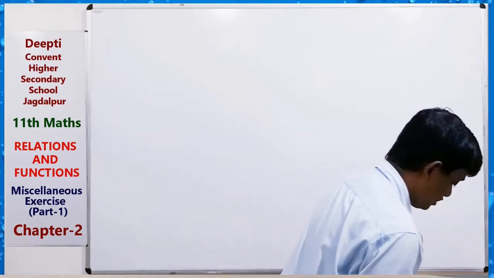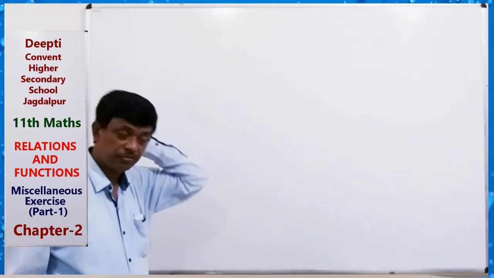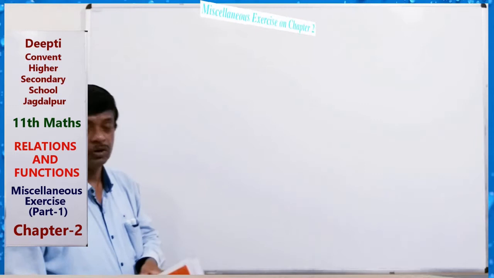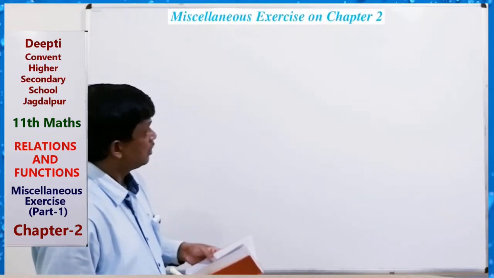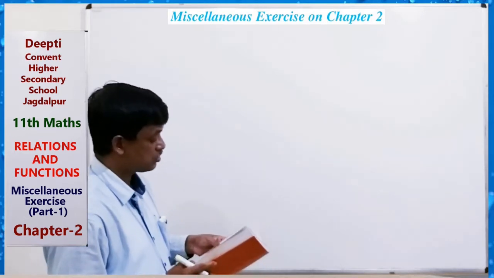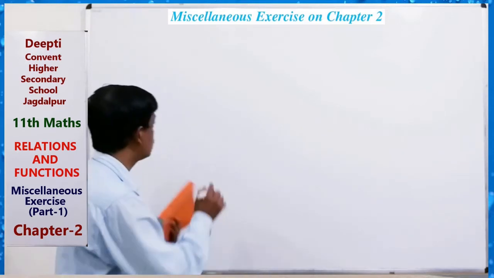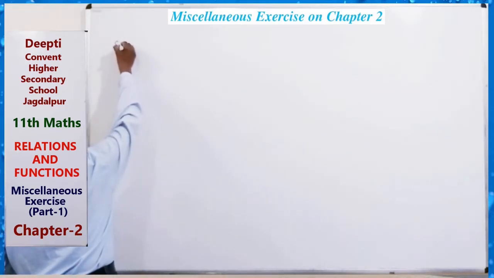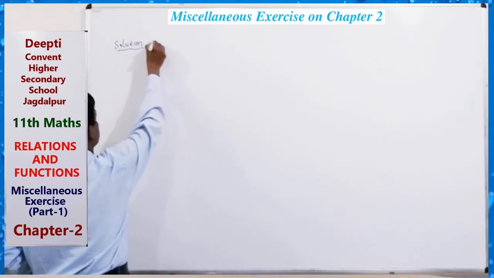So first, let us solve the miscellaneous exercise of chapter 2. First question. The relation f is defined by, relation g is defined by, so that f is a function, g is not a function. Okay, so solution 1.